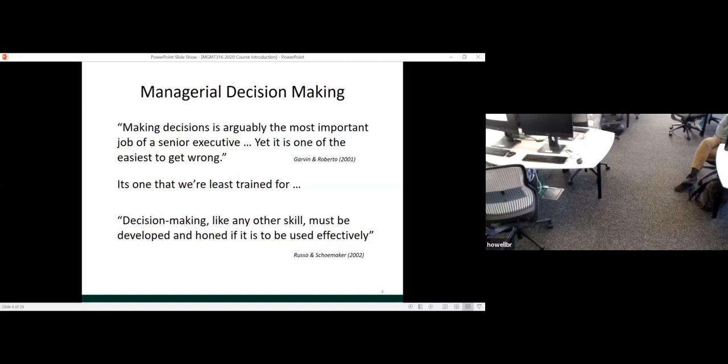And for those, we need to override our snap judgments, because sometimes our snap judgments that wire us for survival aren't necessarily the best things to guide us for making decisions when we've got these more complex situations that we're making decisions about.